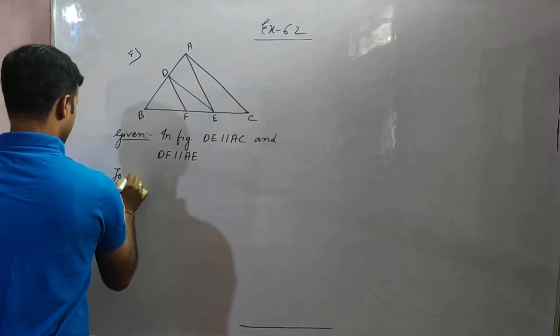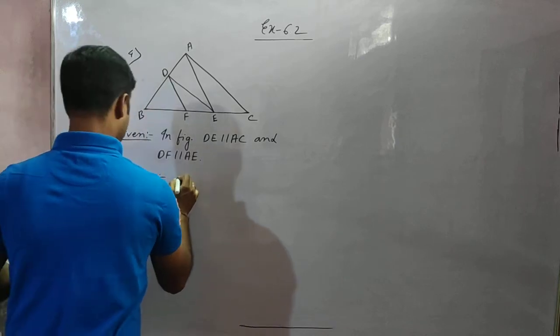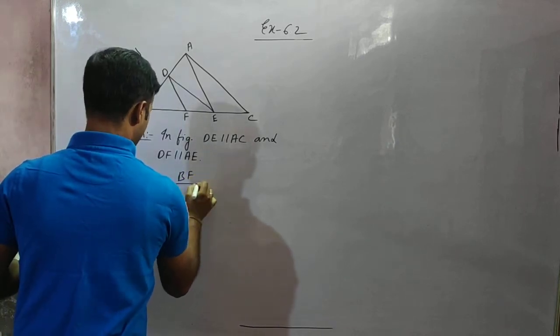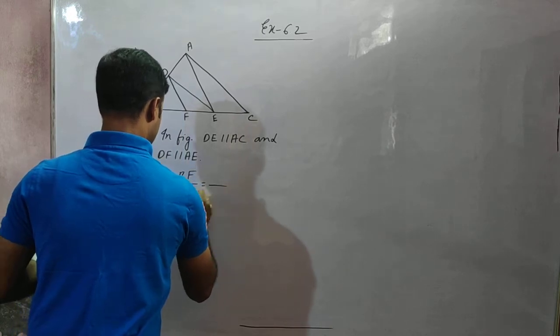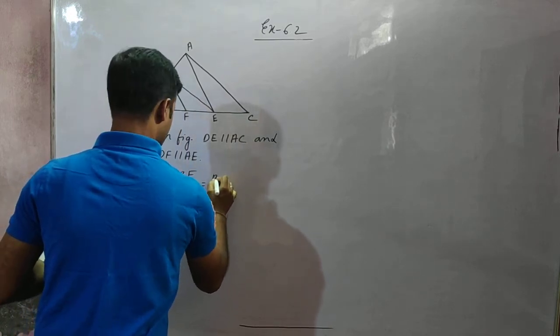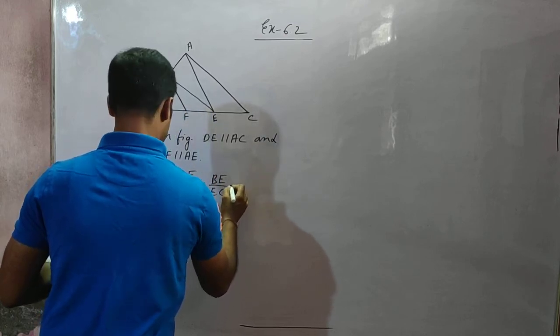So we need to prove that BF by FE is equal to BE by EC.